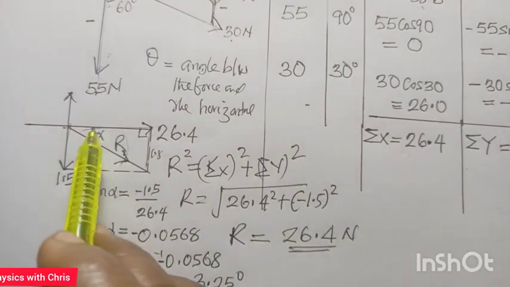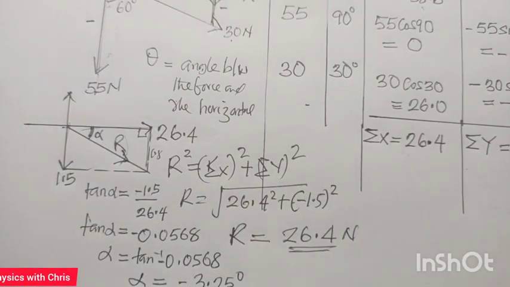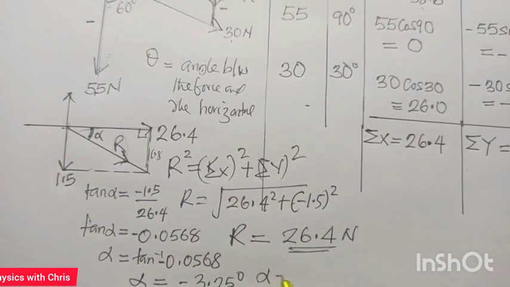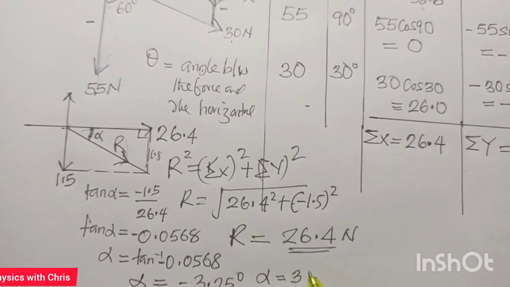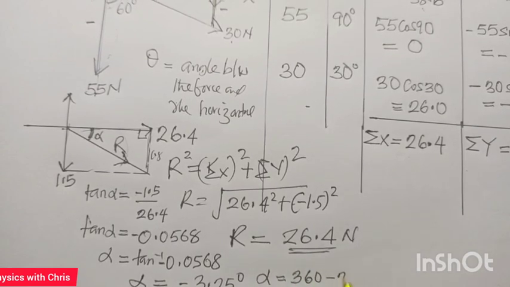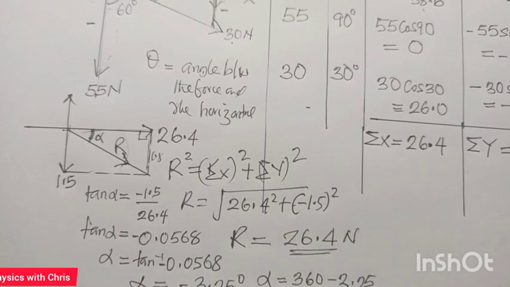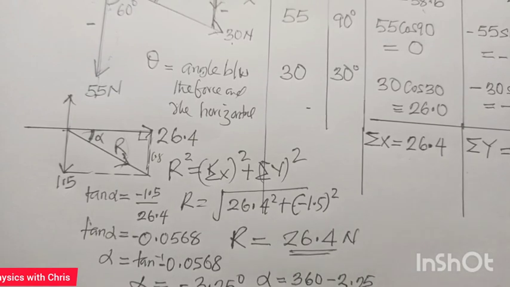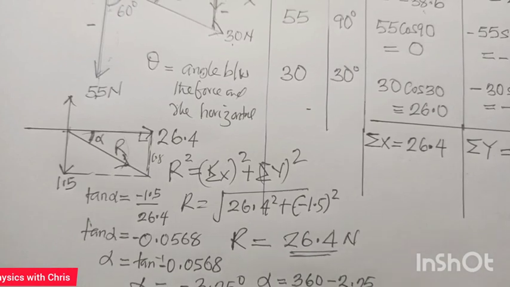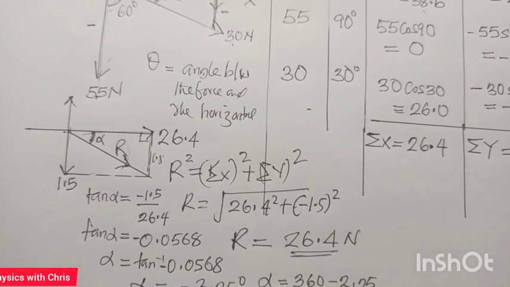That is the angle, but the positive angle equivalent of this is gotten by subtracting 3.25 degrees from 360. That is how to get the positive angle of that direction. That will give me 356 degrees positive.